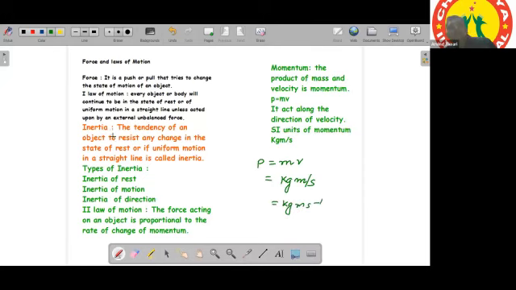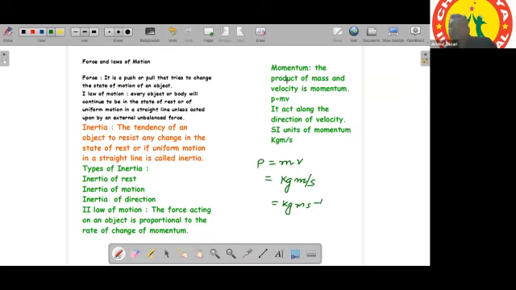Here in inertia, we are actually talking of the momentum. When we say that the tendency of an object is to resist any change in the state of rest or of uniform motion, we are trying to say we cannot bring about any change in the momentum of an object.